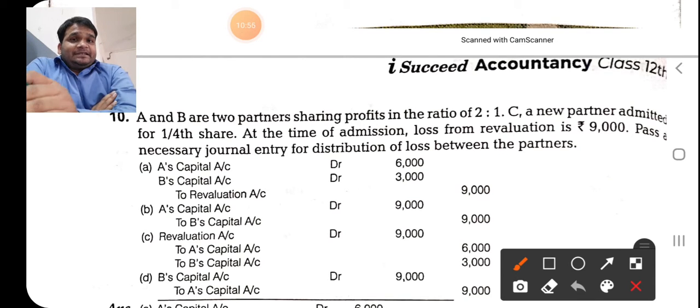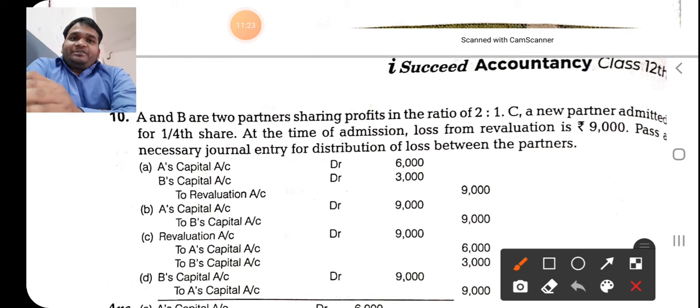Since we are revaluing before the admission of a new partner, efforts are made by the old partners. So whatever the outcome, whether it is profit or loss, that outcome will be given to the old partners only, and that will be given in the old ratio.